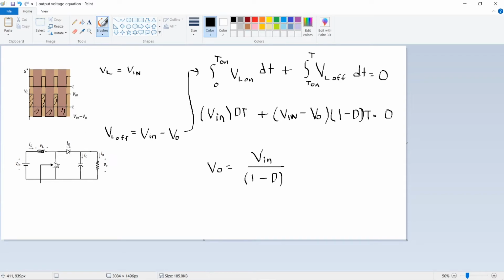When the switch is on, the voltage at the inductor is equal to the input voltage. When the switch is off, the voltage at the inductor equals the input voltage minus the output voltage.